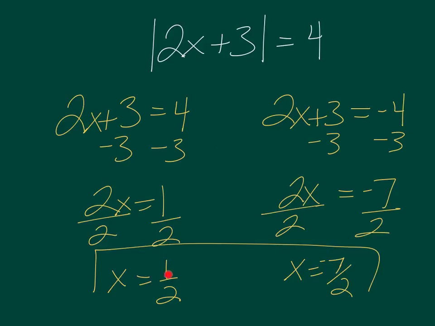So let's try it. If you take 1/2 and plug it in, 2 times 1/2 is 1. 1 plus 3 is 4, and the absolute value of 4 is 4. The other option would be to take negative 7/2 in here, and 2 times negative 7/2 would just be negative 7. Plus 3 would be negative 4, but when I take the absolute value, it goes back to a positive 4.